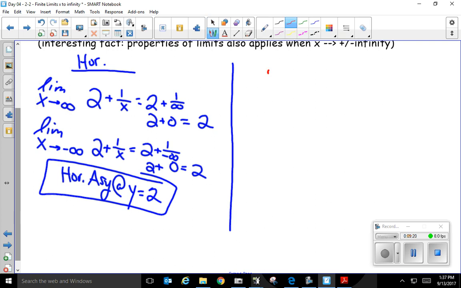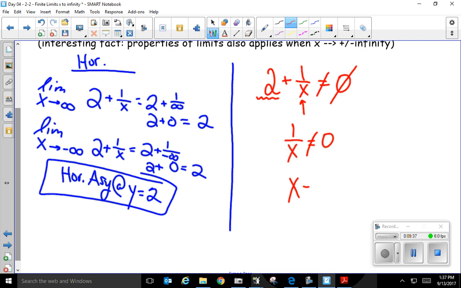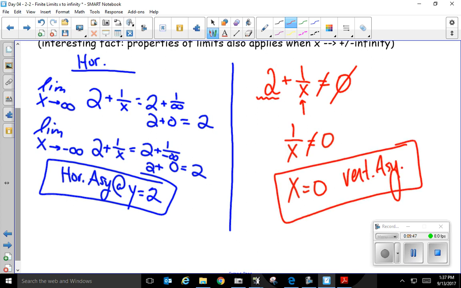Now, if I have 2 plus 1 over x, how does that become undefined? Well, you can't make the 2 undefined. You would have to make this expression undefined, right? So 1 over x would have to be undefined, which means the bottom would have to equal 0. That's your vertical asymptote.